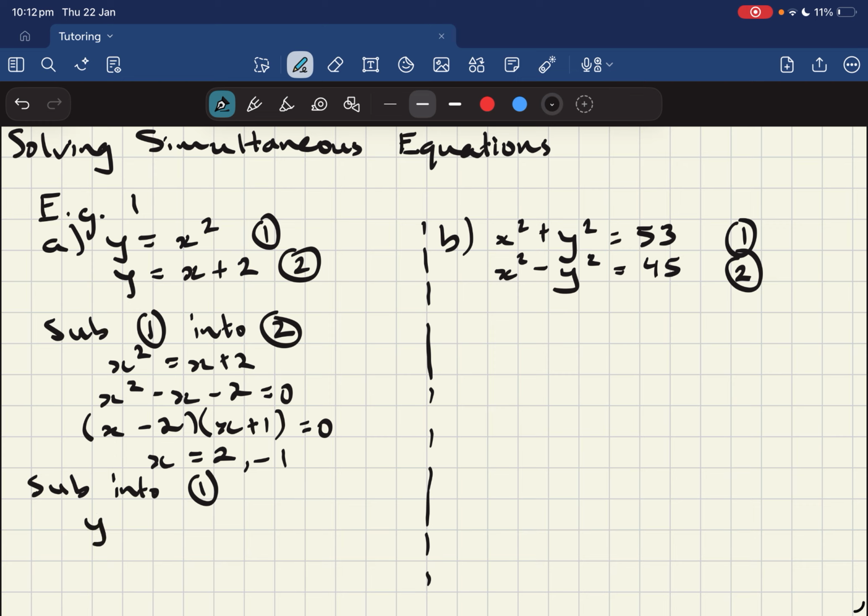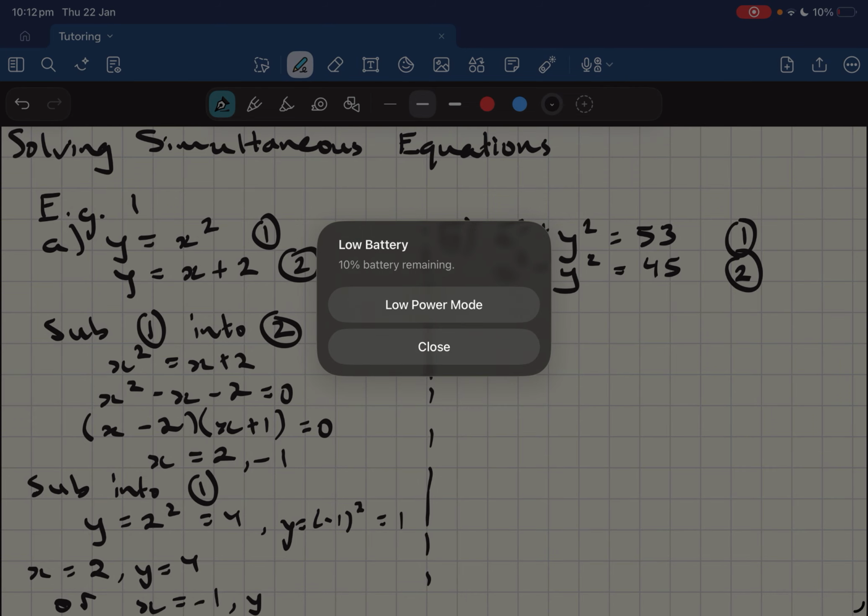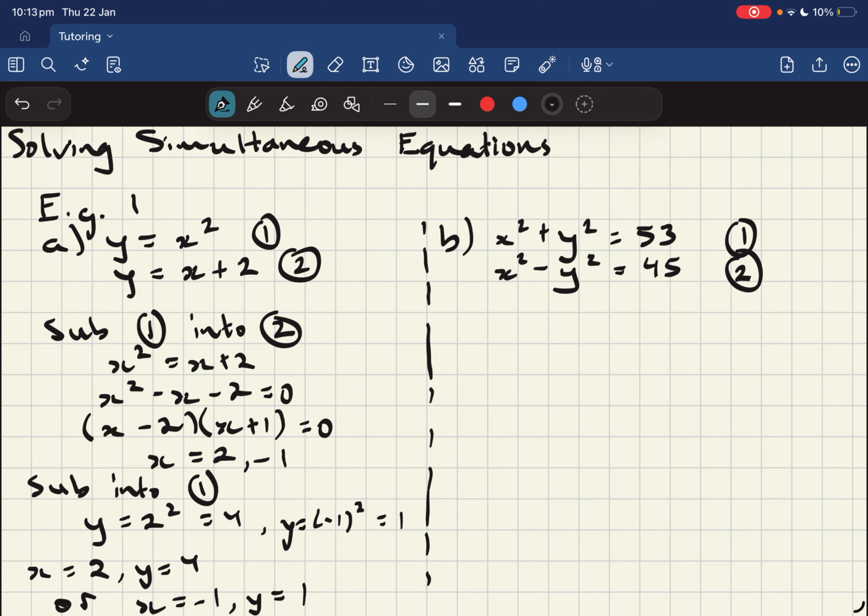So one of them is y equals 2 squared, which gives 4, and y equals -1 squared, which equals +1. So my two solutions are x equals 2 and y equals 4. That's one solution. The other one is x equals -1, y equals +1.